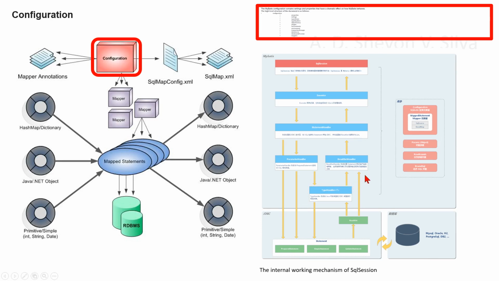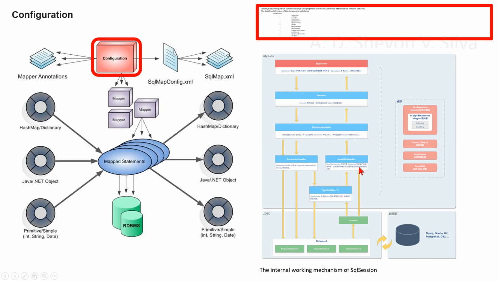Result set handler. Result set handler is responsible for two things: process the result set generated after the statement is executed, and generate the result set; and processing the output parameters after the execution of the stored procedure.